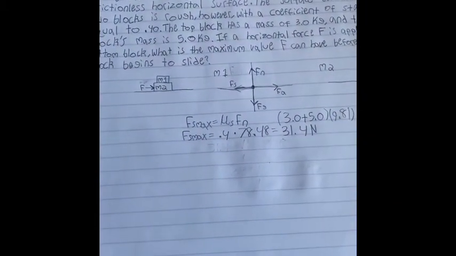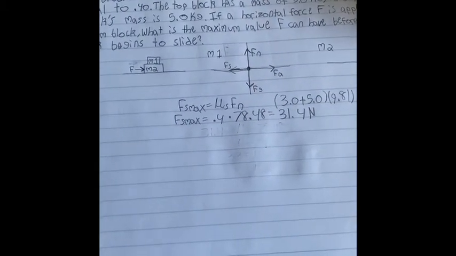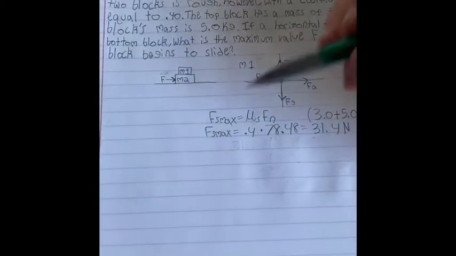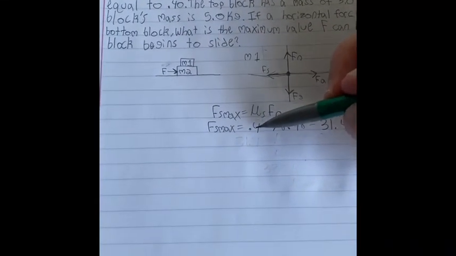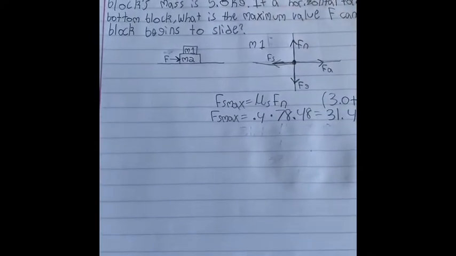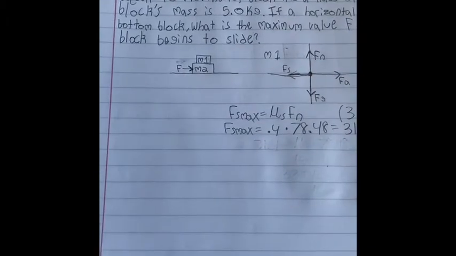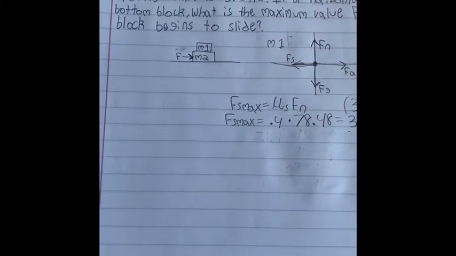In order to check this problem, we can simply plug in the force that we got, which is supposed to be the maximum force, into the equation, and take 0.4 out and put in mu sub s to make sure that the force still gives us 0.4, which is the coefficient of static friction, which is a constant.